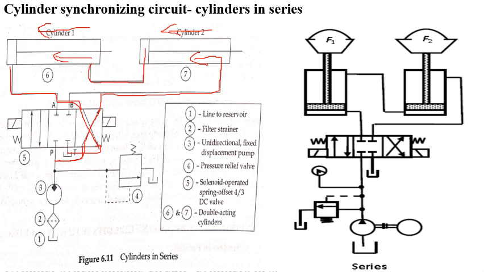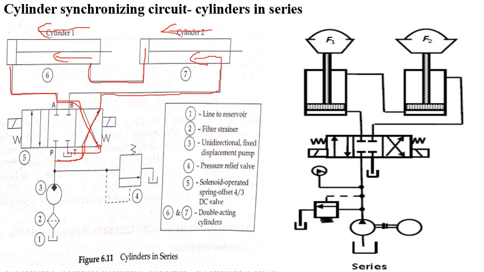When the 4/3 direction control valve is shifted to the right mode flow path configuration, the oil flows from the pump to the rod end of cylinder 2, and thus cylinder 2 retracts.